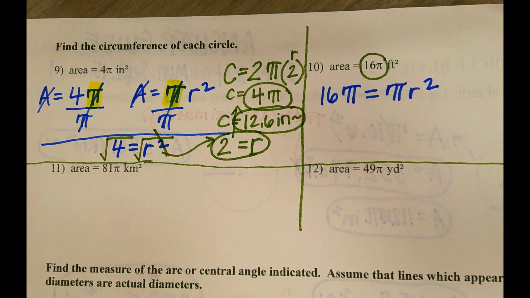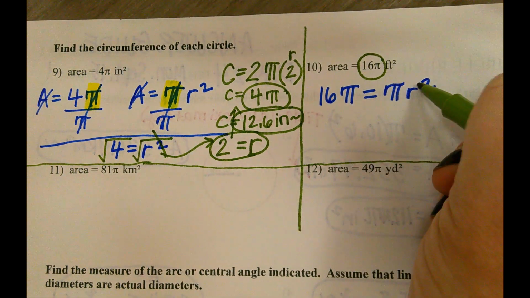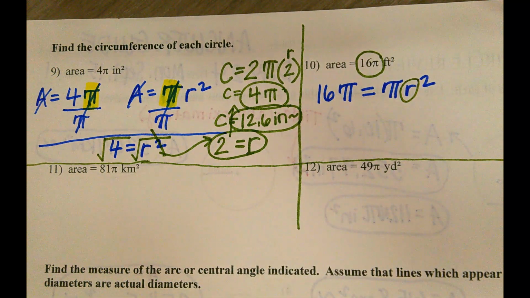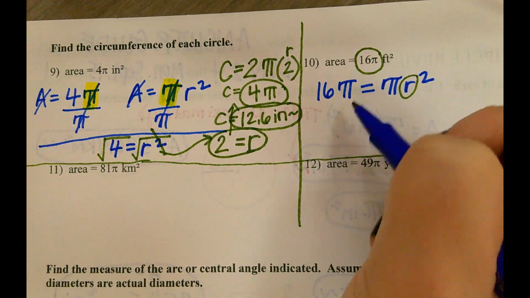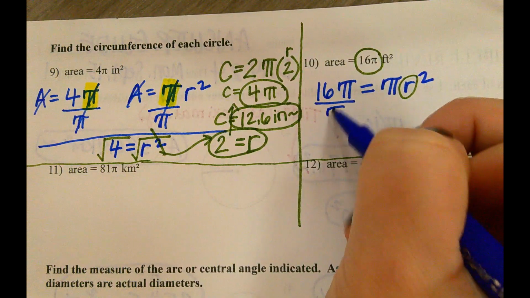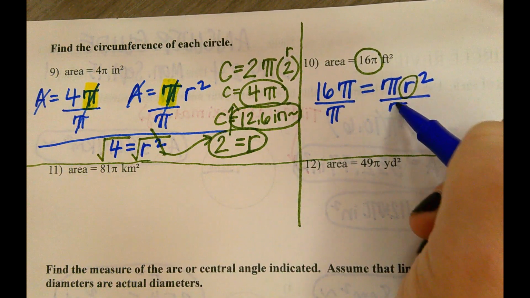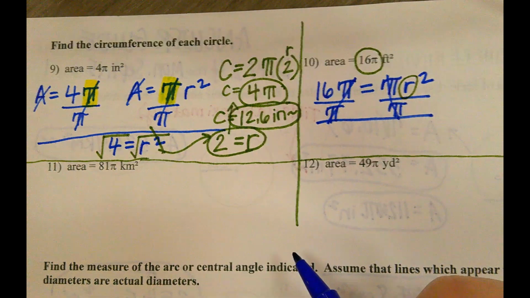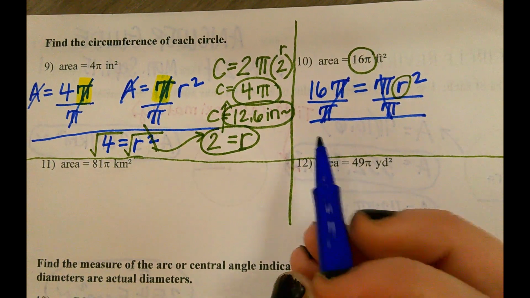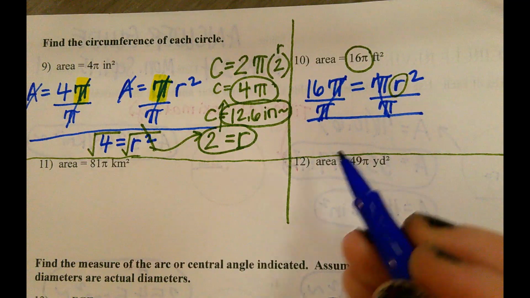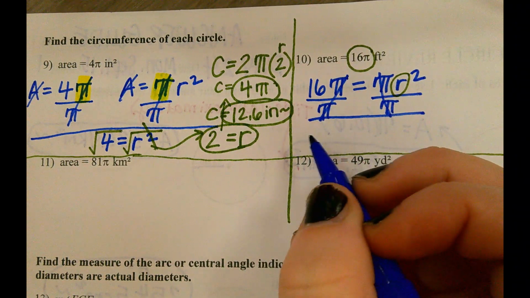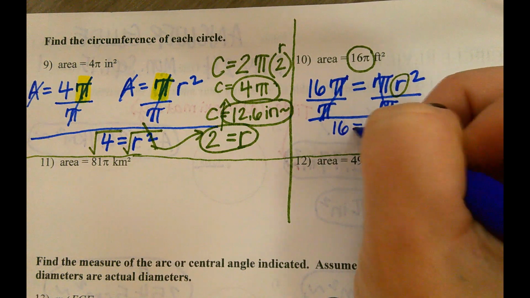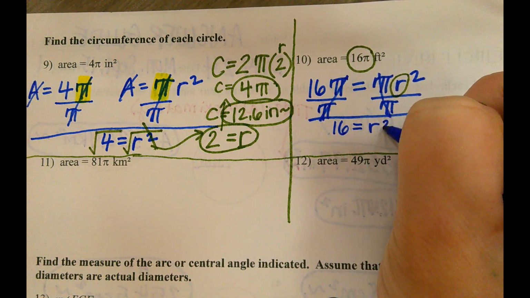Yes, let's divide both sides by pi. We're trying to solve for r. So keeping that in mind, we want to try to cancel out everything around r. So we'll start by dividing by pi. And that just gets rid of it on both sides. And what comes down at the next step of this equation? 16 equals radius squared. Perfect.